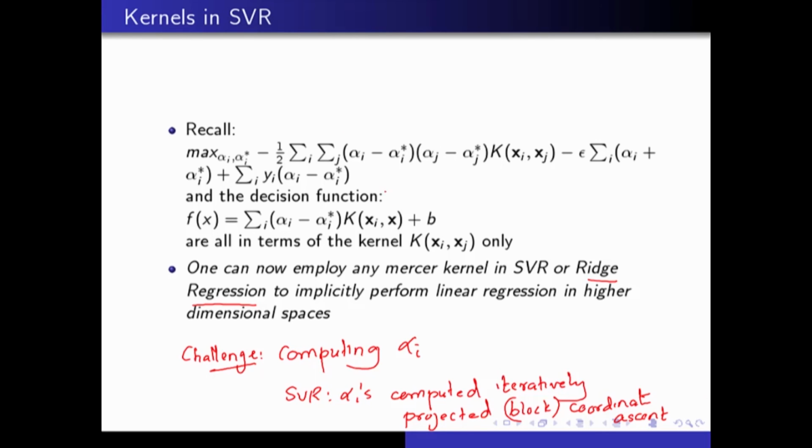What is this basically? Well, we can ignore block for the timing, but coordinate ascent is a form of steepest ascent where you choose a subset of variables to optimize on at every iteration, and in every iteration as you progress, say along alpha 1 and alpha 2, you find alpha 1 new, alpha 2 new in terms of the alpha 1 old and alpha 2 old.